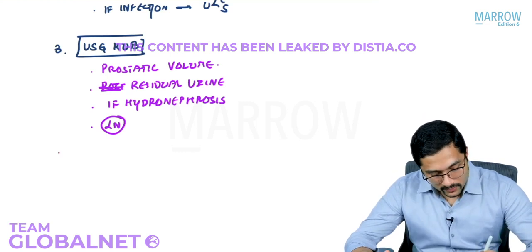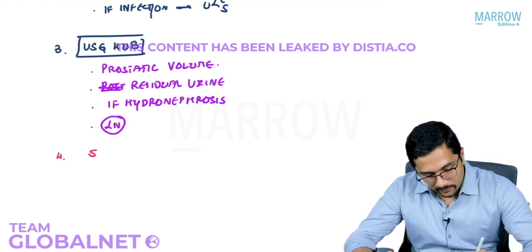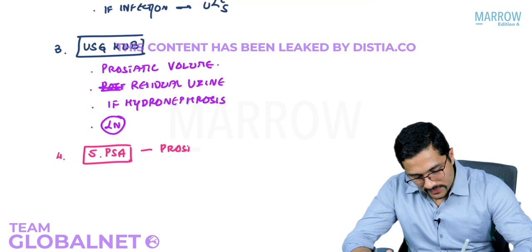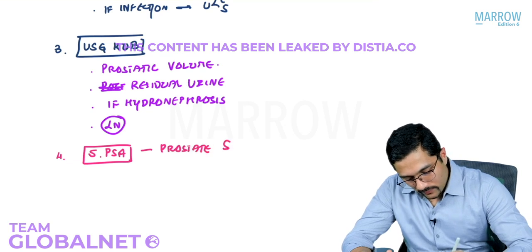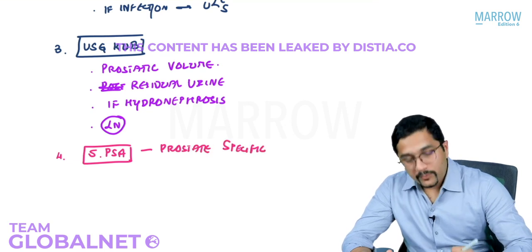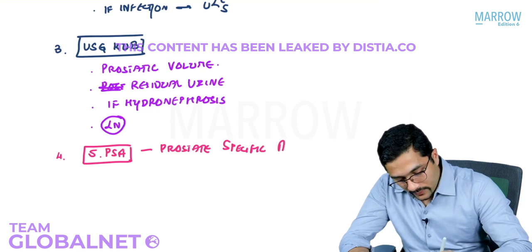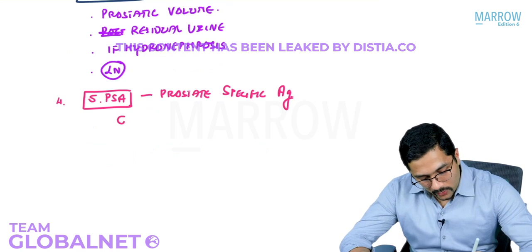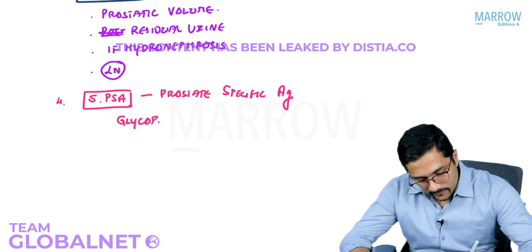Now along with this, a very important test which is ordered is serum PSA. PSA, you know, is prostate specific antigen. This is produced in the prostate itself, and this is a glycoprotein which can be measured in the blood.